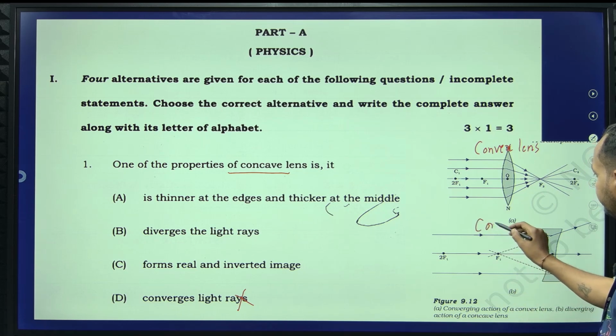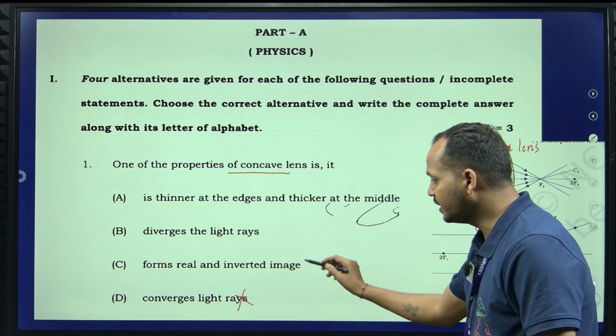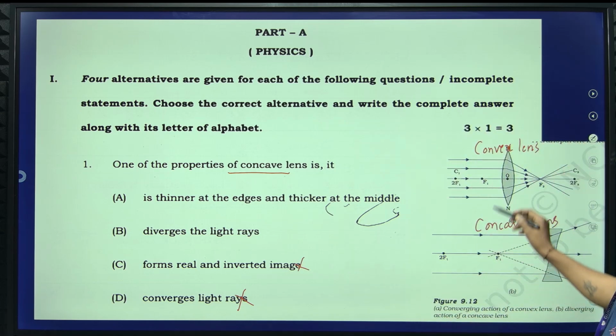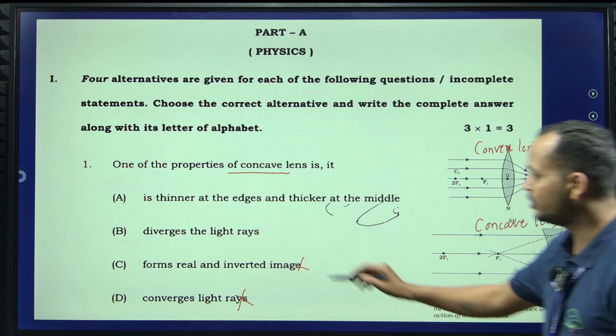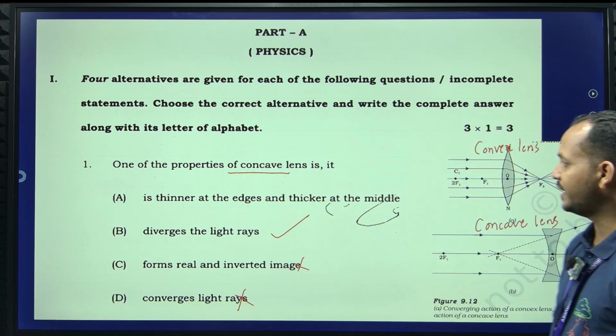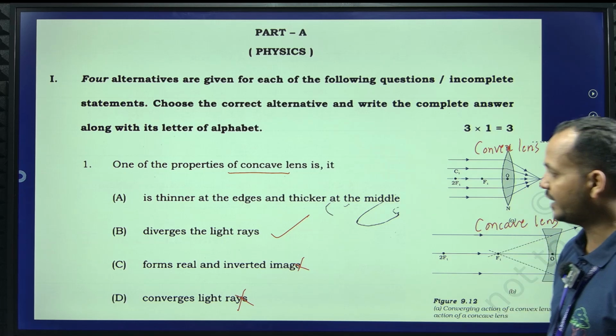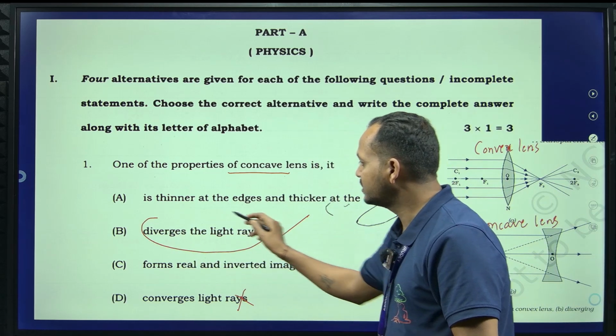The second one, diverges the light, is the right one. The first option, thinner at the edges and thicker at the middle, is this lens, but actually a concave lens is thinner at the middle and thicker at the edges. So by these observations you can choose the answer as diverges the light rays.